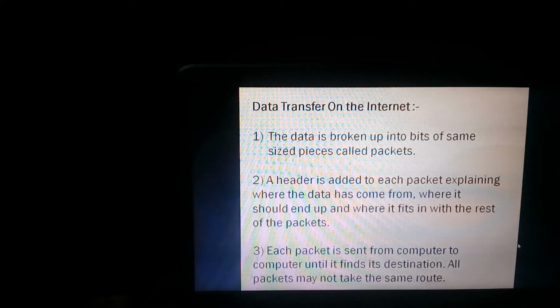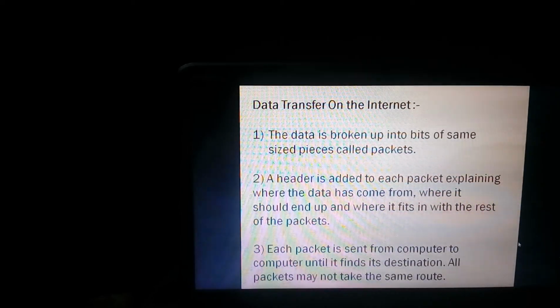Means in the second step one header is added to each packet explaining who is the sender of that particular data, who is the receiver of that particular data, and where it fits with the rest of the packets. Means what is the sequence number of that particular packet with respect to other packets.